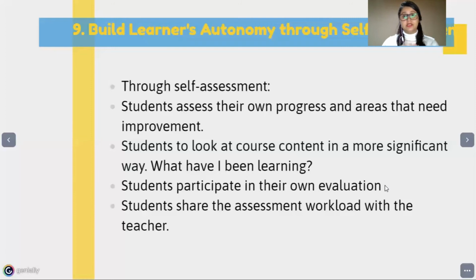Moreover, students participate in their own evaluation, and they have the opportunity to share the assessment workload with the teacher. So here their opinion is important. It's not only the teacher's opinion, but also the student's opinion that counts in this assessment process.